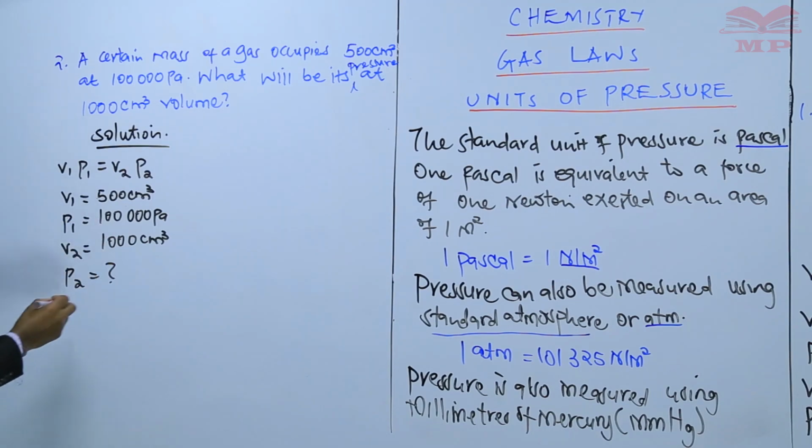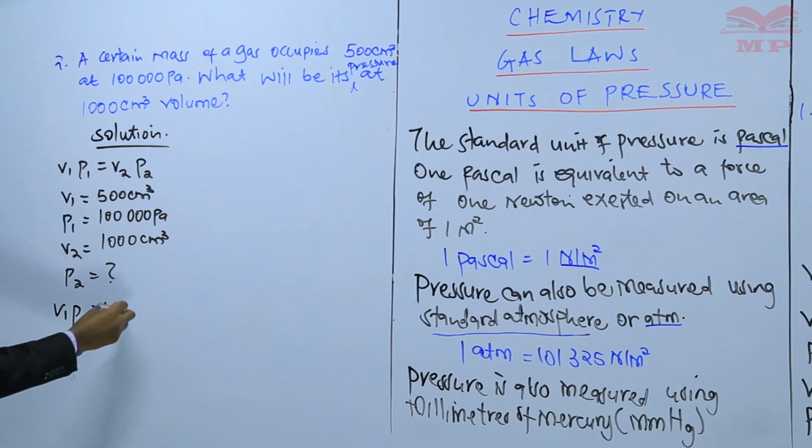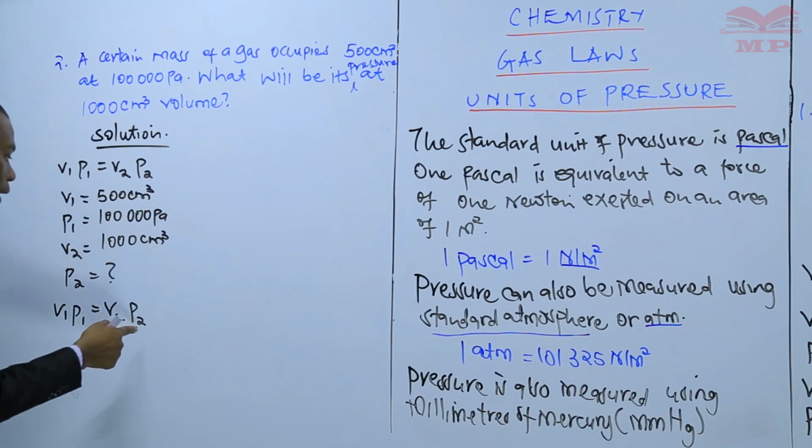Therefore, using the expression V1 P1 is equal to V2 P2, we don't have P2, and that is what we are looking for, and therefore we need to make P2 our subject, and we'll make P2 the subject by dividing both sides by V2.